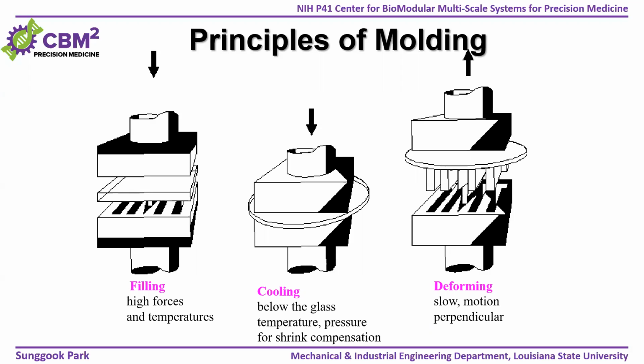What happens is the polymer of the substrate will go into the cavities of the mold structures. Once it is filled, we cool down and we demold, and then we have the negative patterns from the mold insert in our thermoplastic substrate.